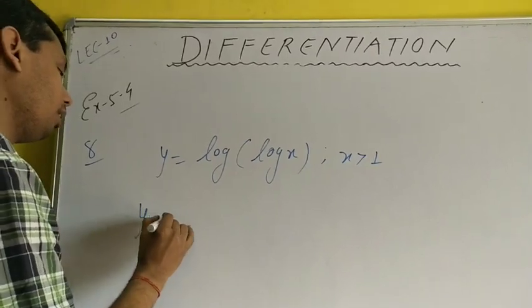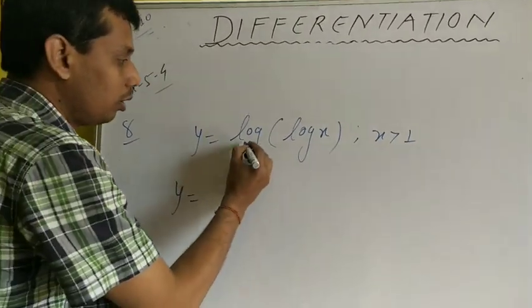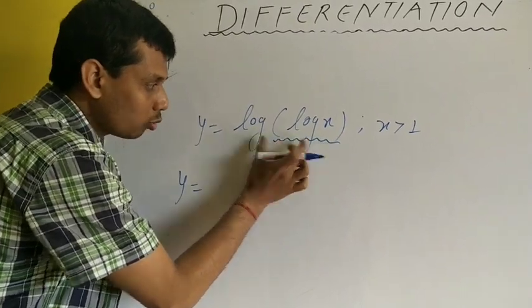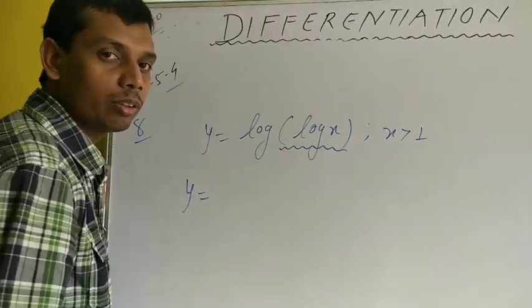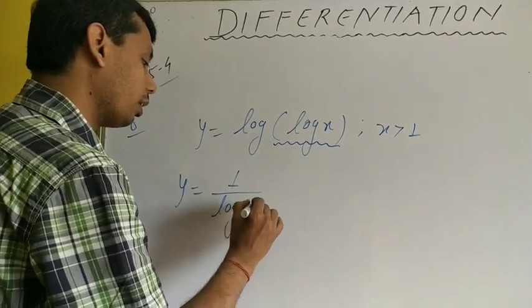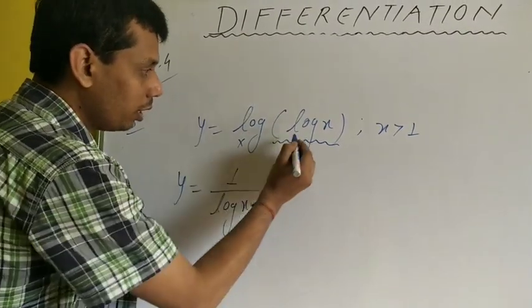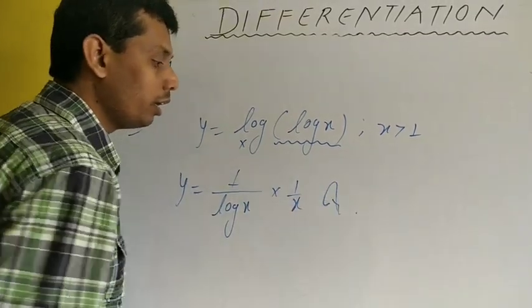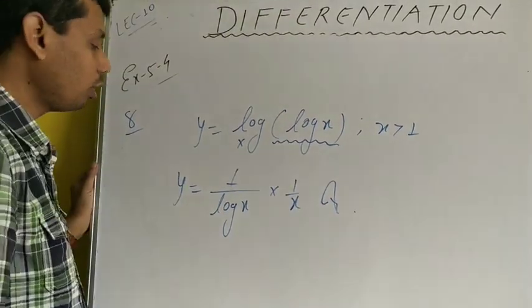Now y is equal to log x, and the differentiation of log x is 1 by x. This part we have differentiated. This is the required answer. So this is all about question 8.